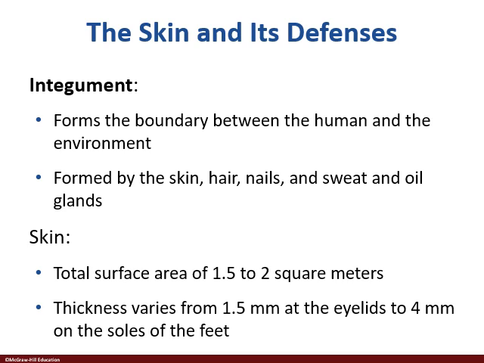Its whole point is to keep stuff in, keep stuff out. Now the integument, that's not only our skin, but it's the hairs, the nails, all the different types of sweat and oil glands that you'll find everywhere. All of these work together to keep our internal organs safe.